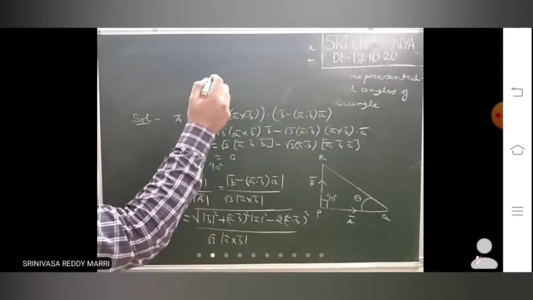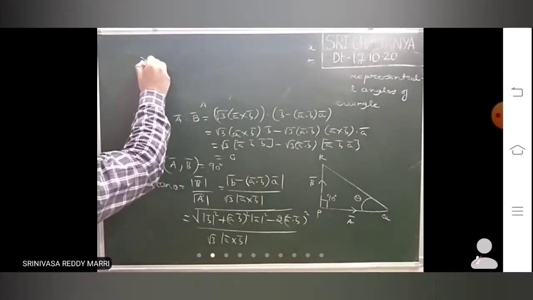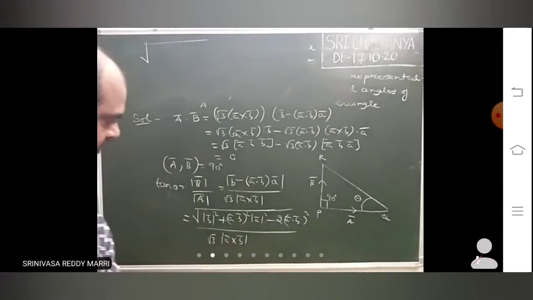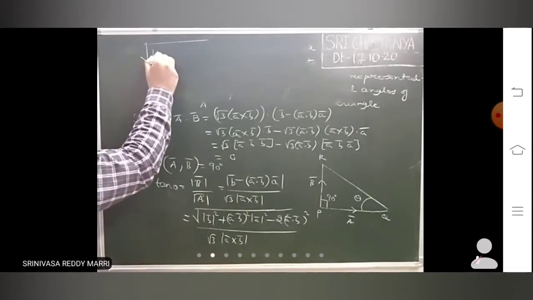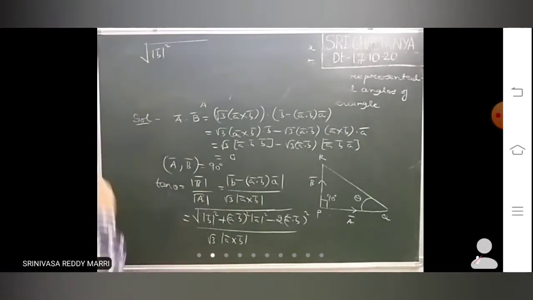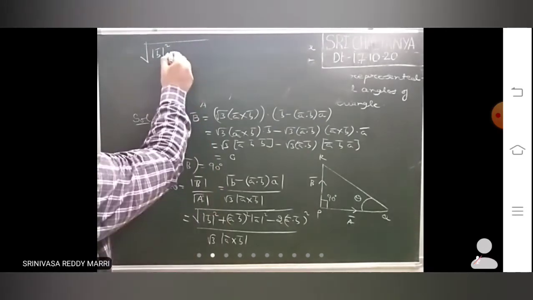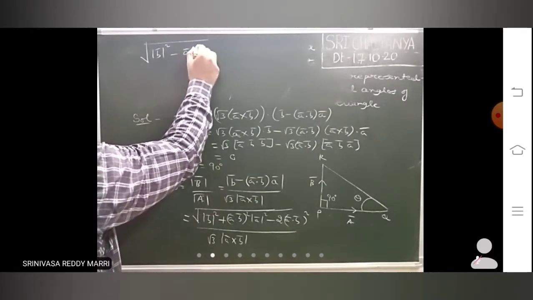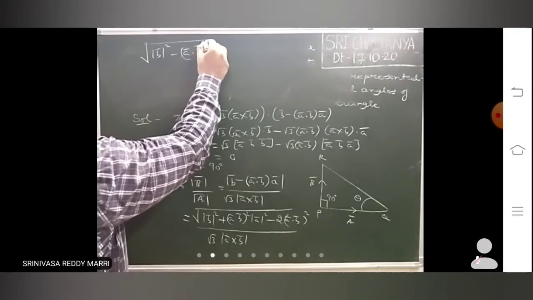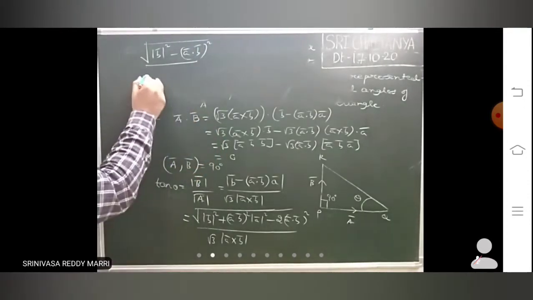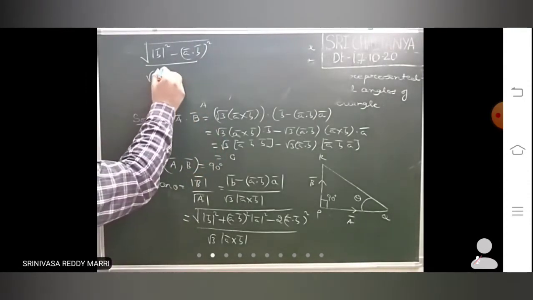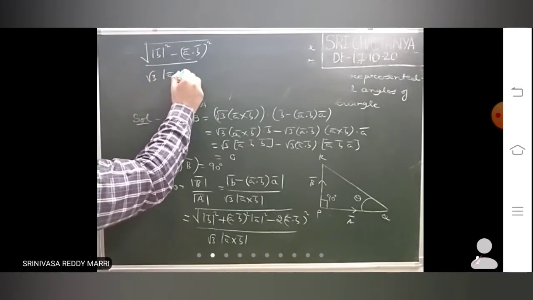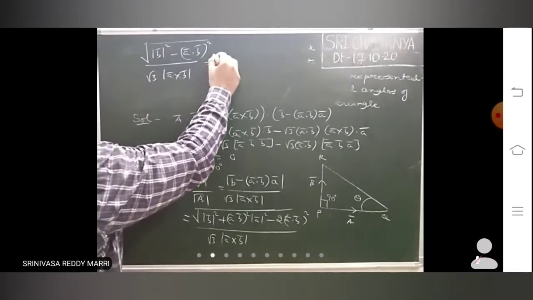So you will get root of modulus B square minus A bar dot B bar whole square divided by root 3 into modulus A bar cross B bar.